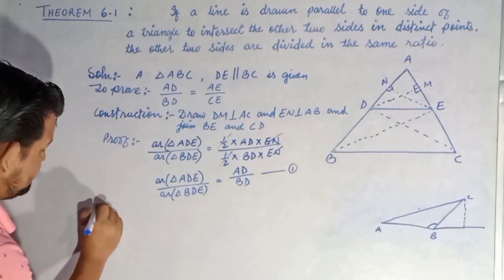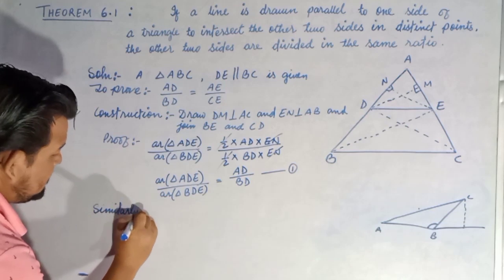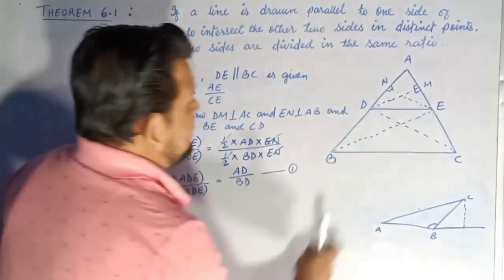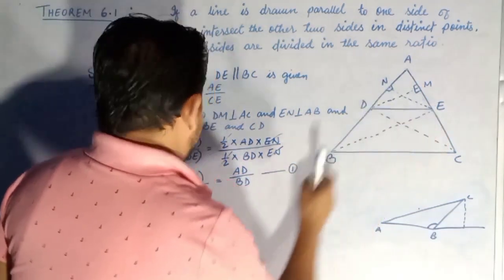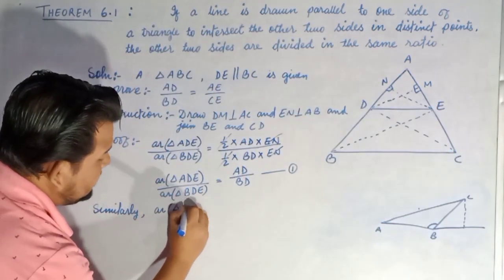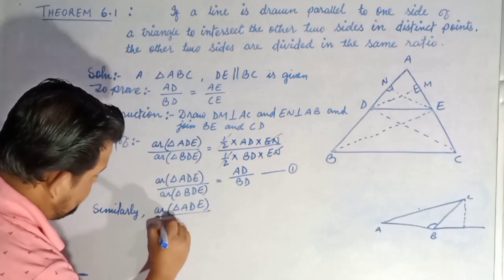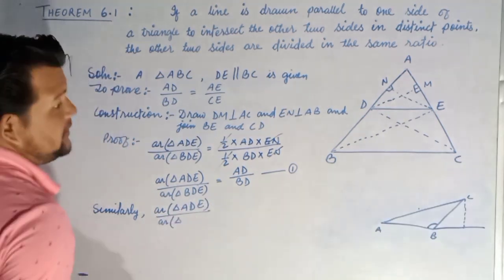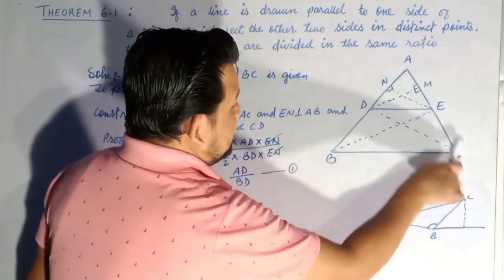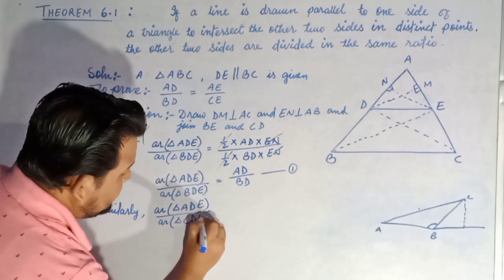Similarly, what we are going to have in triangle ADE, that means area of triangle ADE by area of triangle CDE. We are going to take this triangle, that is CDE.